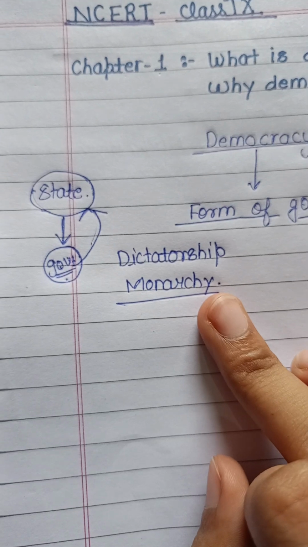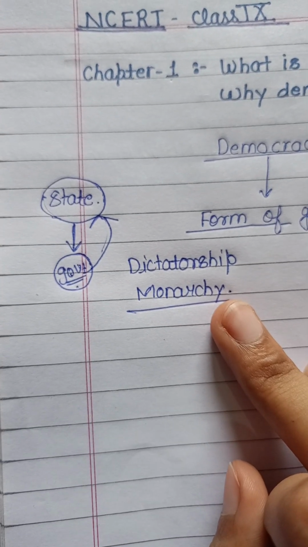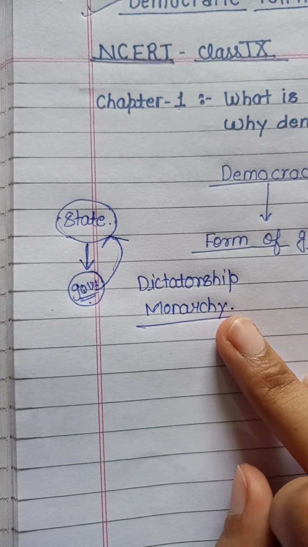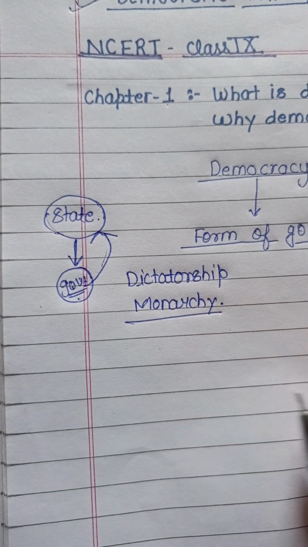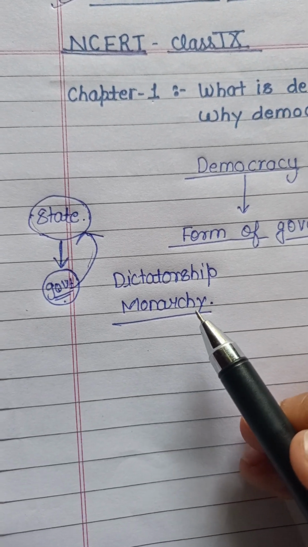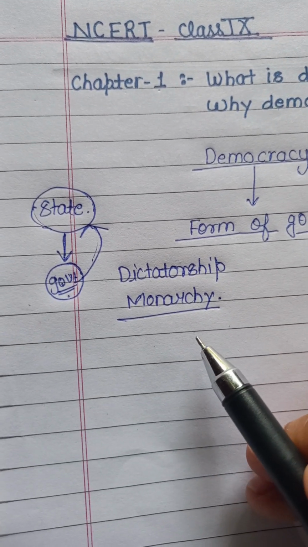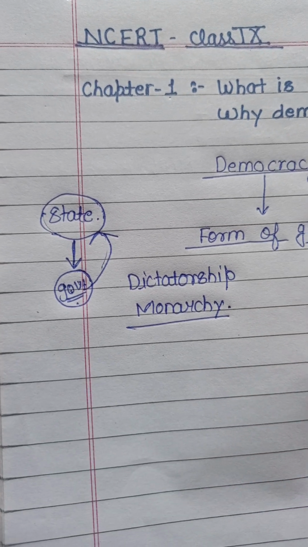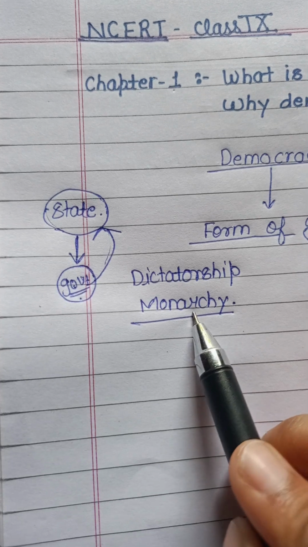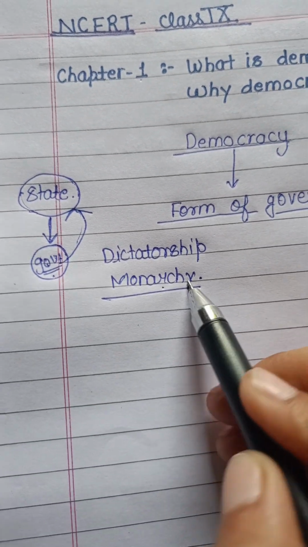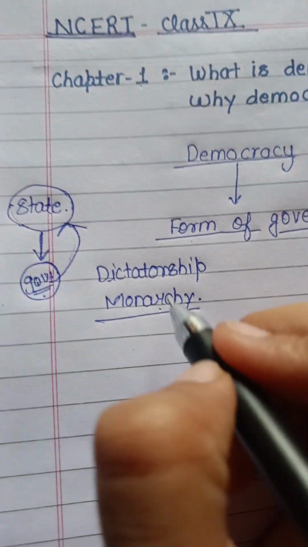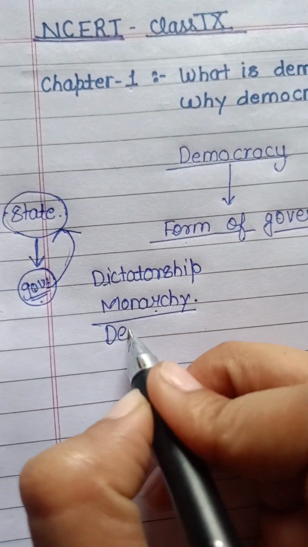After the death of the king, or when the king is very old and not in a condition to handle the entire state, then the child of the king is going to be the next ruler. Similarly, after that, his or her son is going to be the ruler of the state. So, this is a form of government. Similarly, democracy is also a form of government.